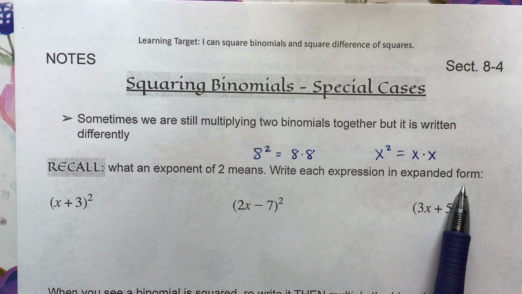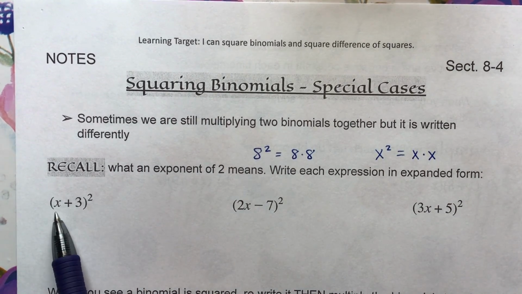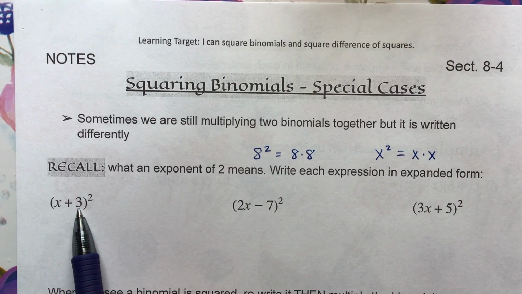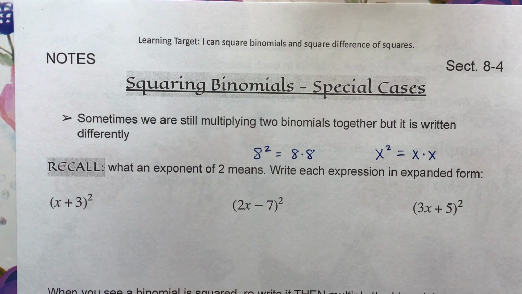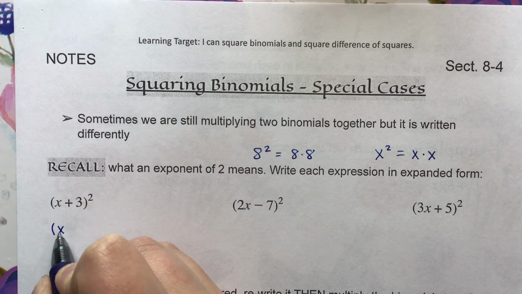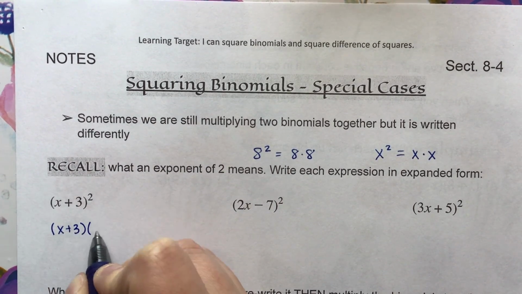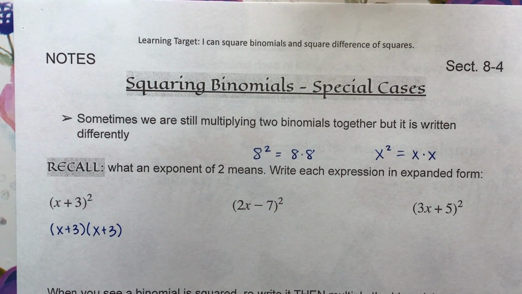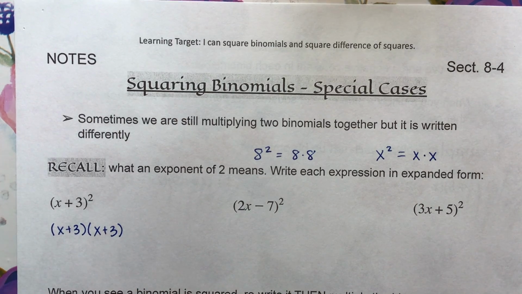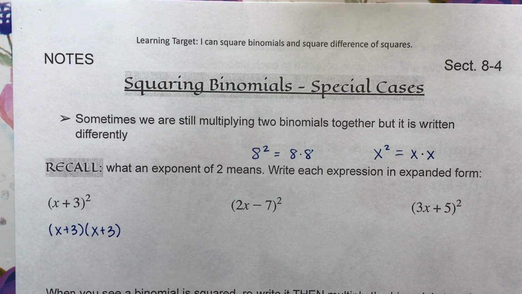It says write each expression in expanded form. I cannot say x squared plus 3 squared. No, it's the whole thing that's getting squared. So it's going to be x plus 3 times x plus 3. I'm expanding it out, and now it's just written as two binomials side by side.